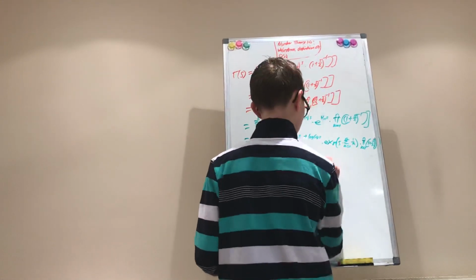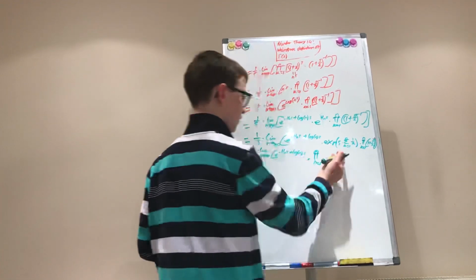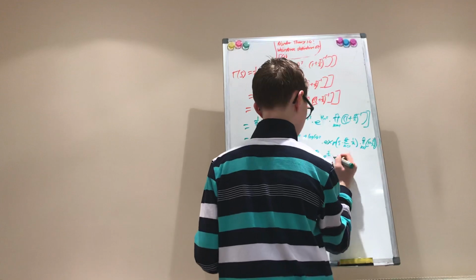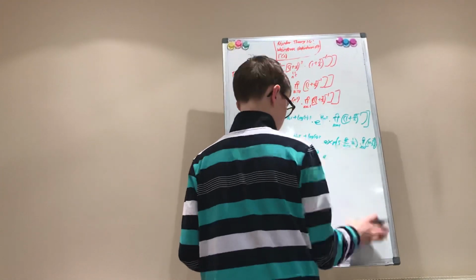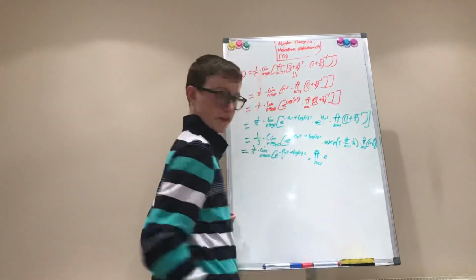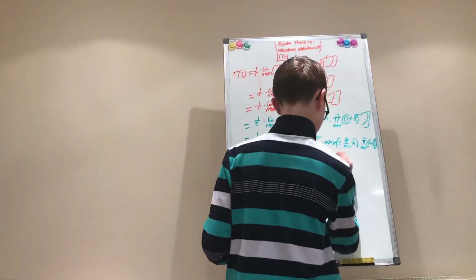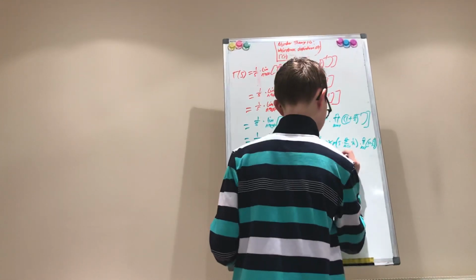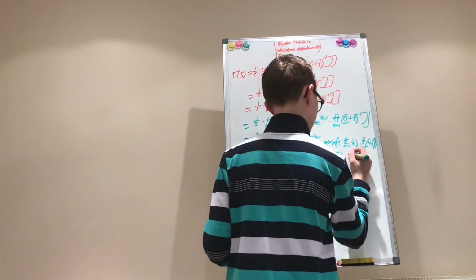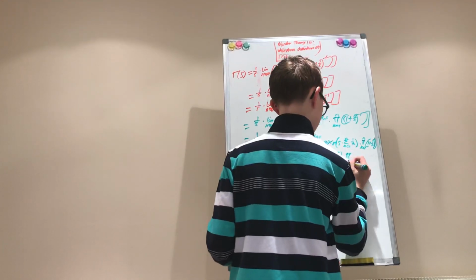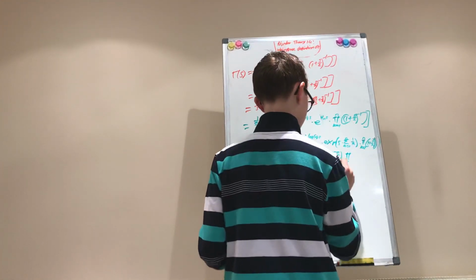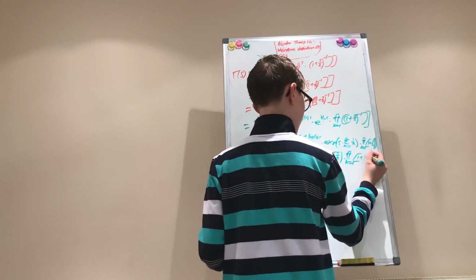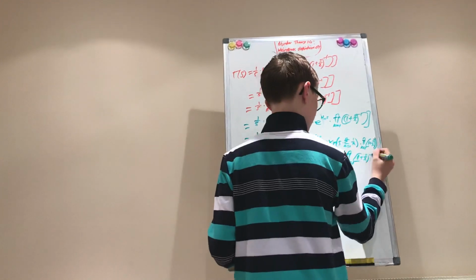Times the product from k equals 1 to infinity of e to the power of s over k, or just to stay consistent with my notation for one line at least, the exponential function of s over k, times the product from k equals 1 to n of 1 plus s over k to the power of negative 1.